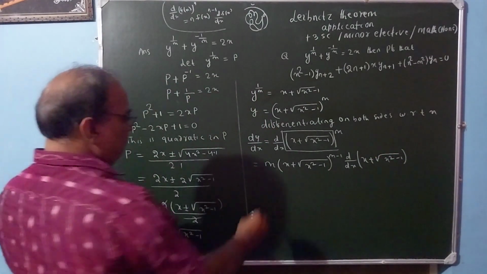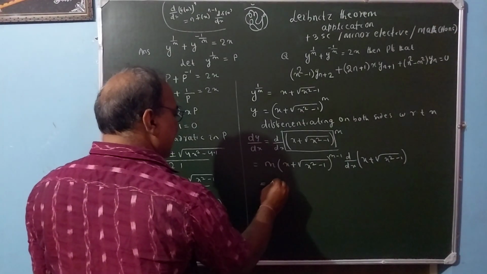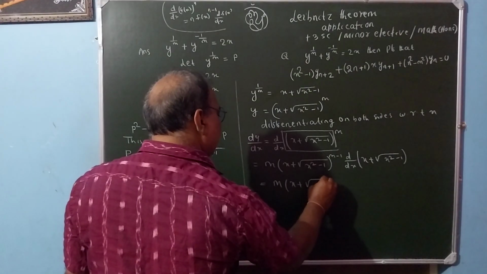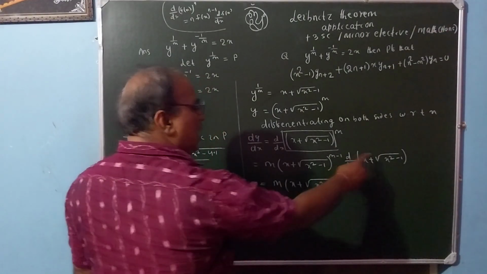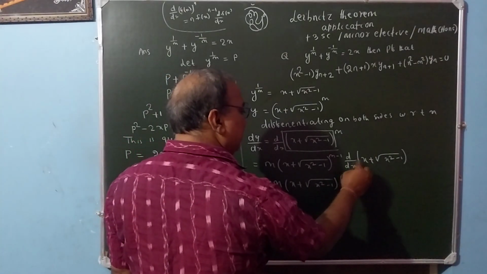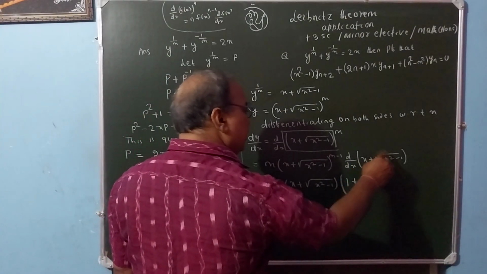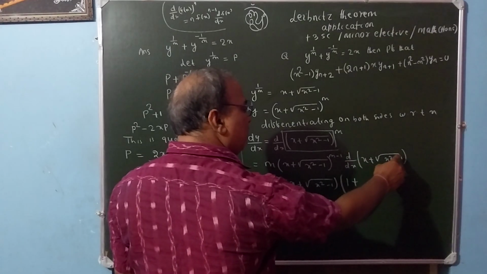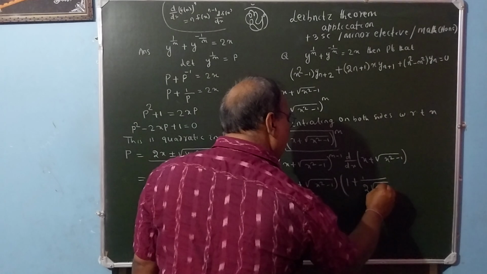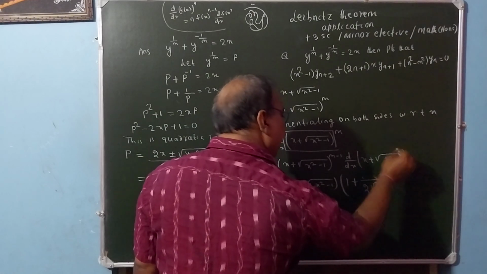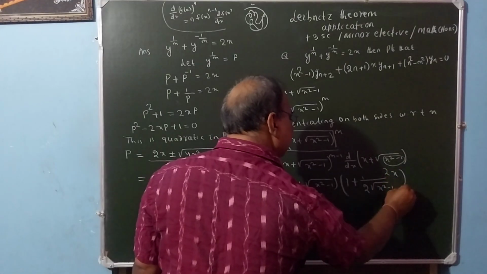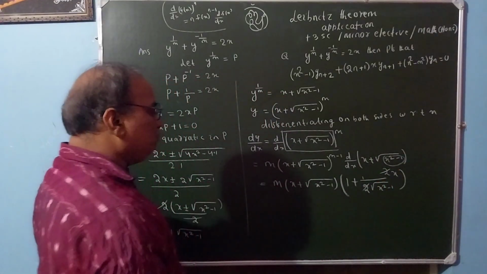Now we get m into (x plus root over x square minus 1). Derivative of a sum is the sum of the derivatives; the derivative of x is 1. Here d dx of (x square minus 1) to the power half is 1 by 2 root over x square minus 1, into the derivative of x square minus 1, that is 2x, applying the chain rule.